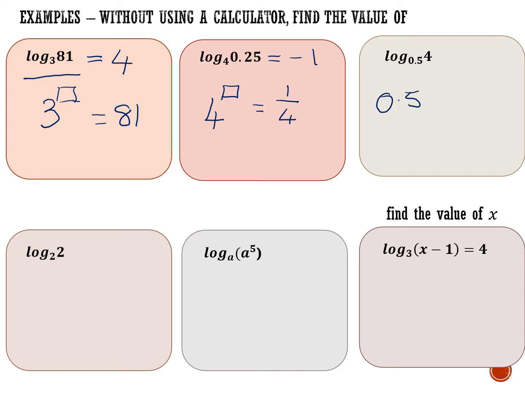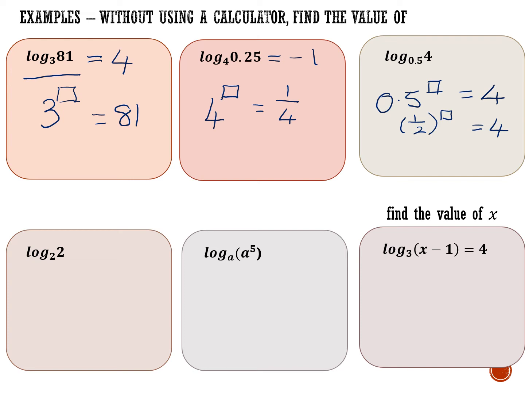Okay, let's do this last one. 0.5 to the power what gives me 4? Now it's a little bit more tricky, especially when that's written as a decimal, but what I suggest is whenever you have decimals to do with logs, write it as a fraction first. And then, what power do I raise a half to get 4?